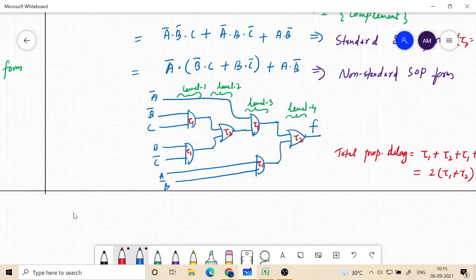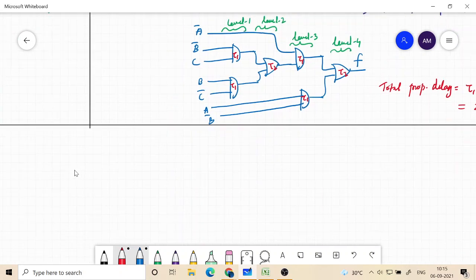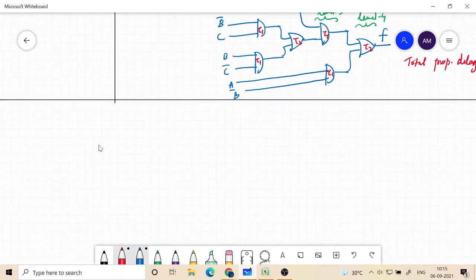Now the other way: how can we go in the reverse order? That is, if a standard form is given, how do we arrive at the canonical form? The opposite of simplification. So how can we do this?